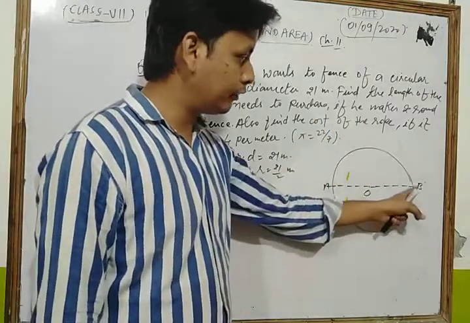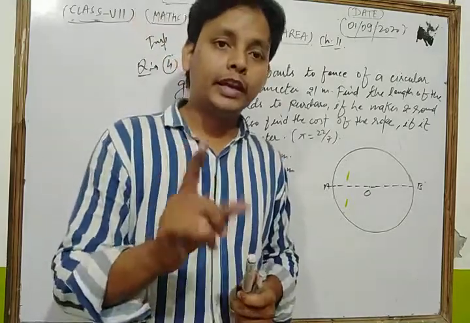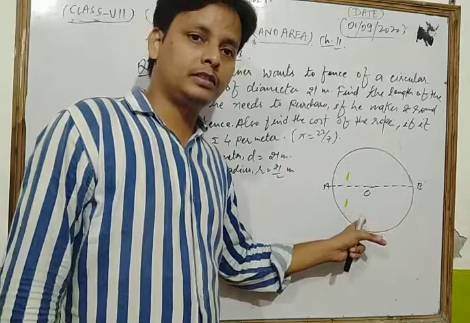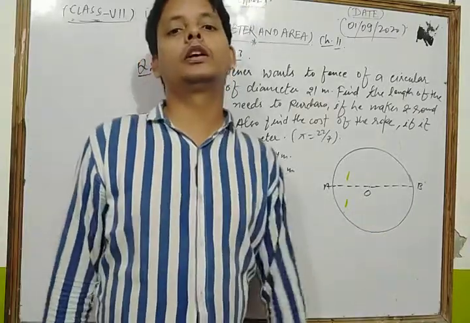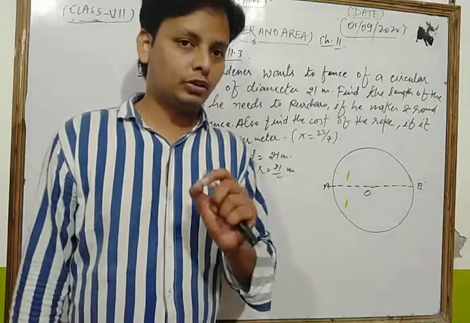Dear students, if there is 1 round of fence, the length of rope in 1 round of fence is what? The circumference of that circular garden, right? Because the length of the outer boundary of any circular region is known as its circumference.